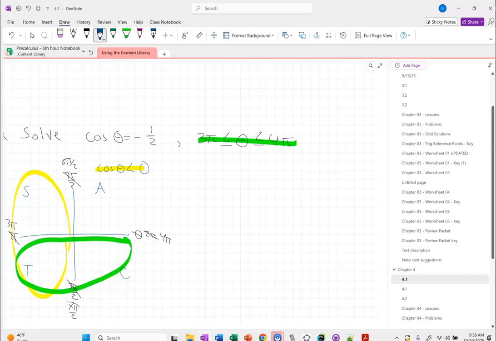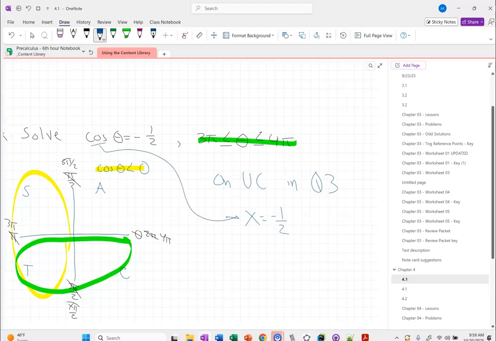So, what am I going to do now? On the unit circle, where am I looking? Okay, in quadrant 3. What are we looking for? X equals -1/2. Why am I looking for an x coordinate, not a y?